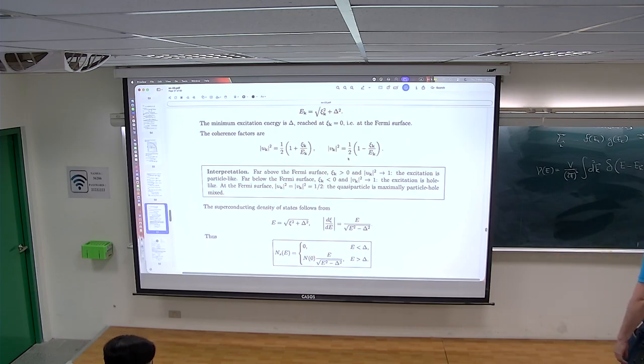I'm using the fact that the integral over the momentum I can write as the integral over the energy, and I'm using now the non-superconducting energy for that.